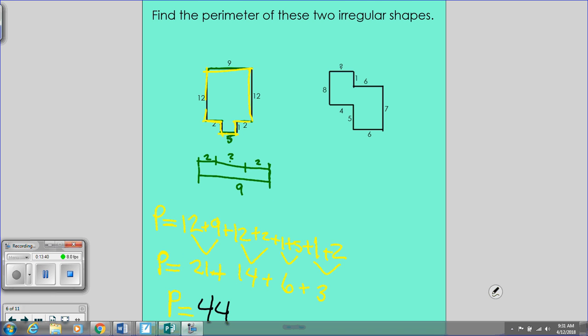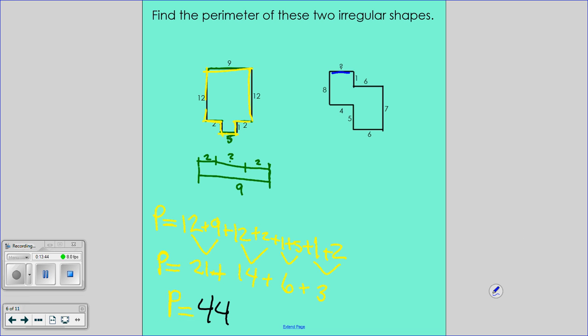Alright. So the first thing we notice is that we had this missing side, correct? Yes. And then we needed to find the parallel sides, right? What are some of the parallel sides in this shape? Mason? Both 6s actually, right? Anything else?